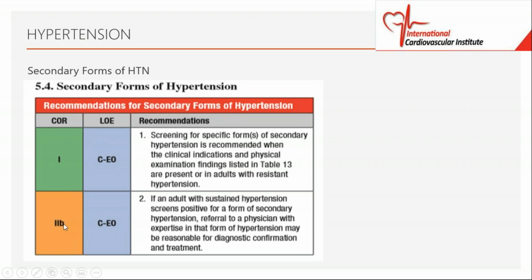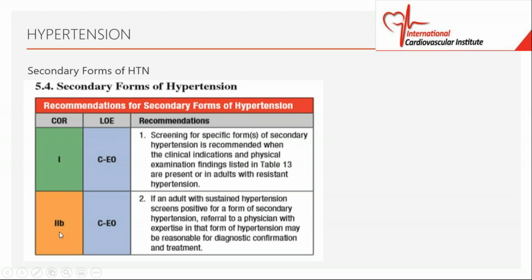So class 2B: if an adult with sustained hypertension screens positive for a form of secondary hypertension, then that patient should be referred to a physician with expertise in hypertension.